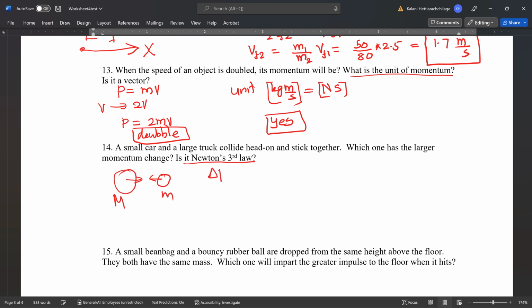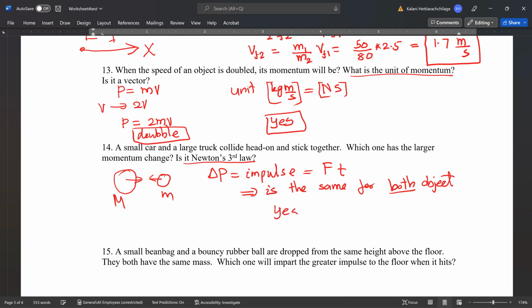Change of momentum equals impulse, which also equals force times time, and it is the same for both objects. Okay, is it Newton's third law? Yes, it is Newton's third law in another way.